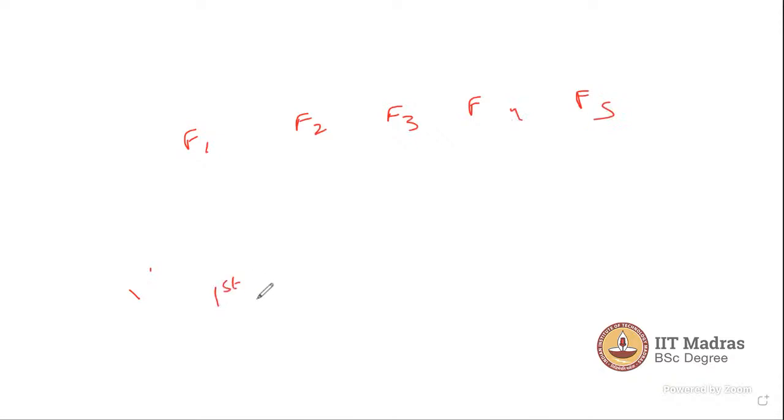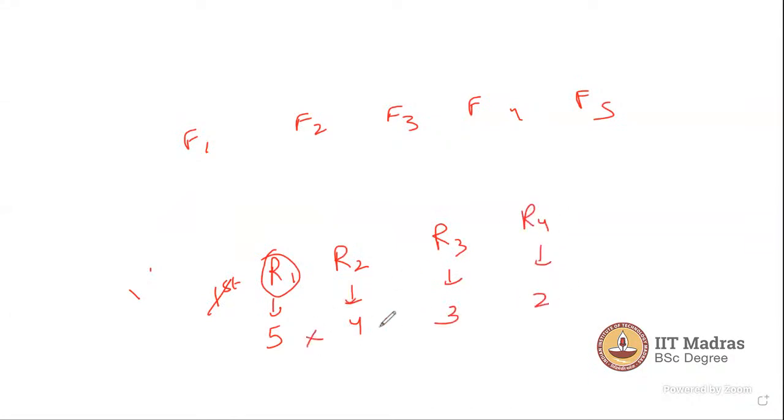Let me take the first ring, R1. It can go to any of the 5 fingers. Second can go to any of the 4 because 1 is occupied. Third can go to any of the 3, and 4th can go to any of the remaining 2.